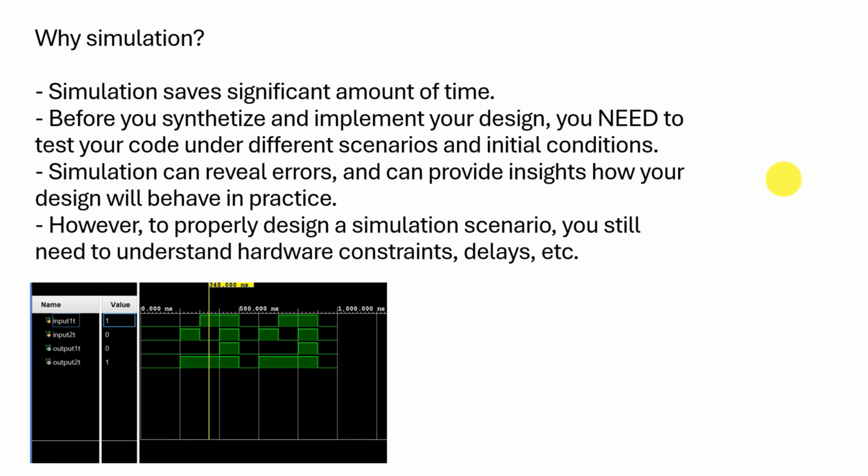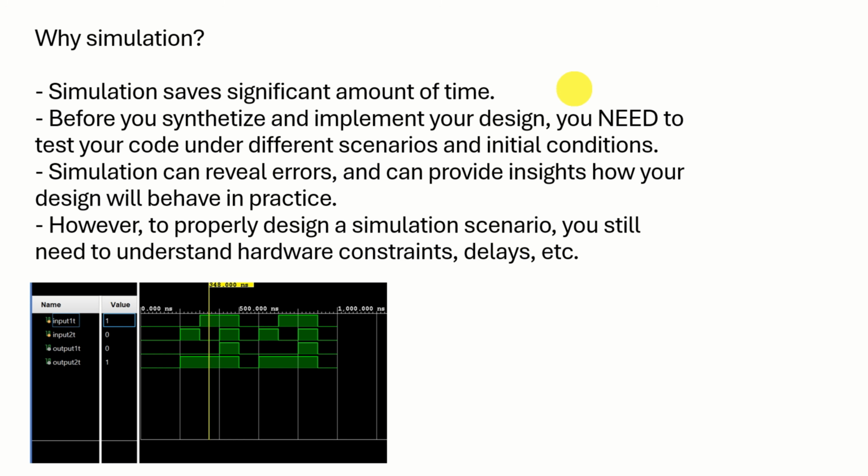First of all, simulation saves a significant amount of time and it enables you to debug your code. Then, before you synthesize and implement your design, you need to test your code under different scenarios and under different initial conditions. Then, simulation can reveal errors and it can provide insights into how your design will behave in practice.